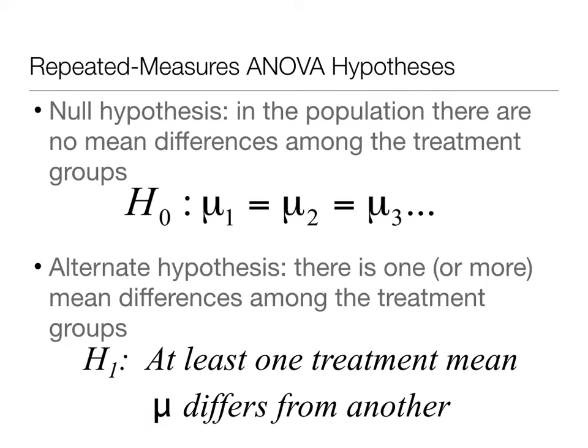We'll have to say, like we have here, at least one mean treatment differs from the others, or we can also write "not the null," because there are multiple different combinations of when the research hypothesis could be upheld, where the null hypothesis is not true. So again, the null hypothesis continues to be that there are no differences; the alternative hypothesis just changes when we have these three or more groups.